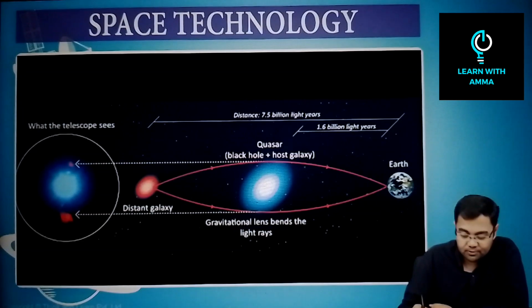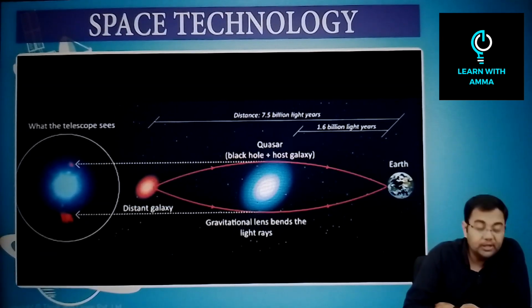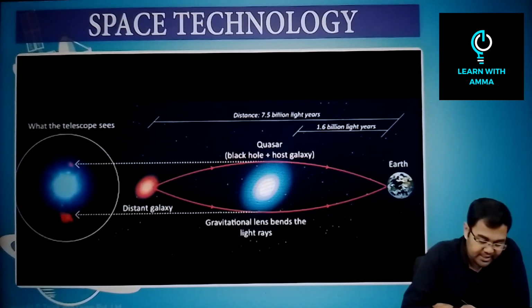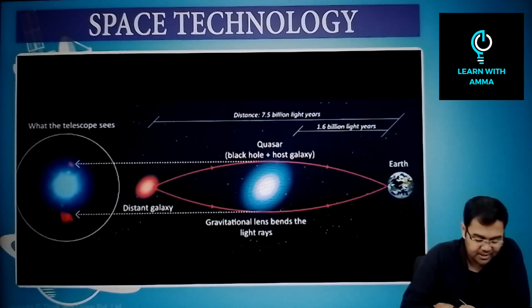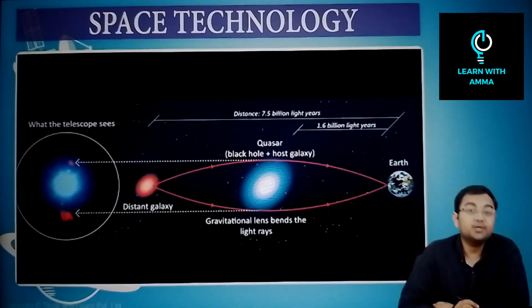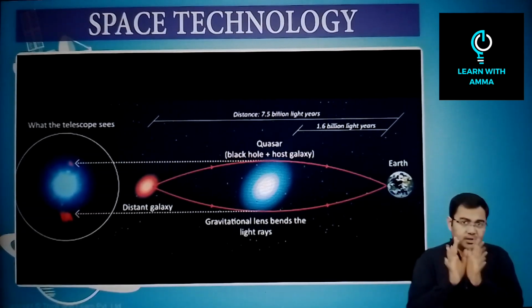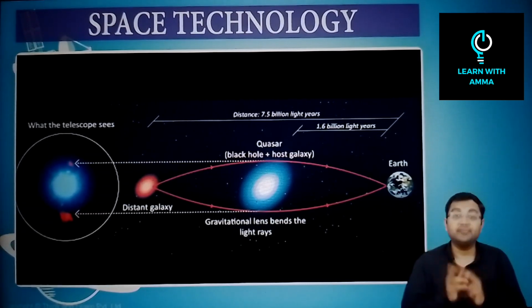From both the points, we see that light reaches the earth instead of reaching the earth in a straight line. Because of that, if you look here, there will be two images produced. You can see that there is one image like this, and there is another image that has been produced here. So instead of seeing one image of this cluster of galaxies or a galaxy, we are looking at two images.